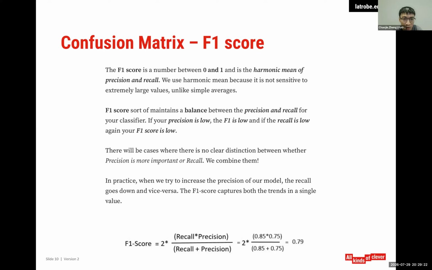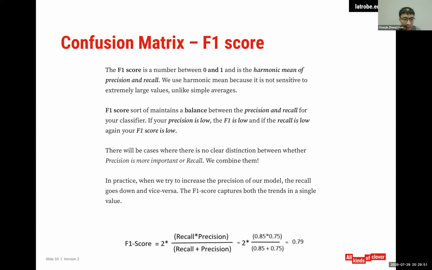So the F1 score maintains a balance between precision and recall for the classifier. If the precision is low, the F1 is low, and if the recall is low, the F1 score will also be low.